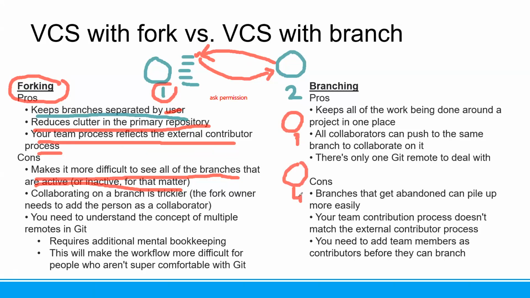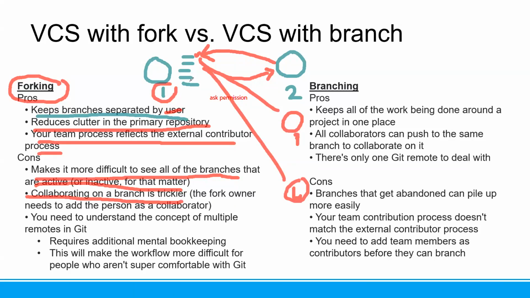Some of them are very good at programming, so many users try to fork. The problem is I cannot see how many forks are active. And then collaborating on a branch is trickier.